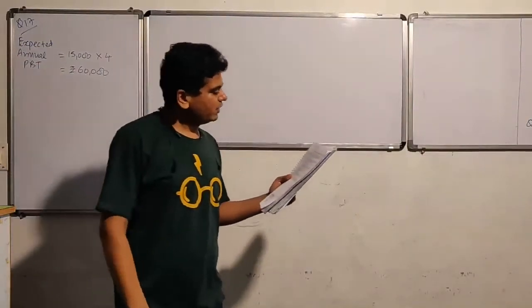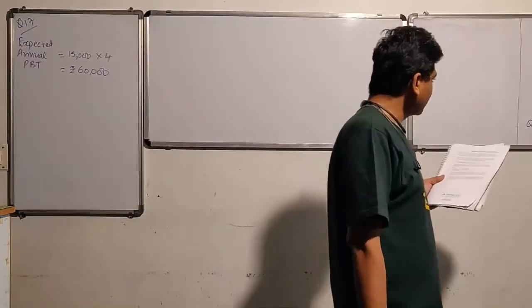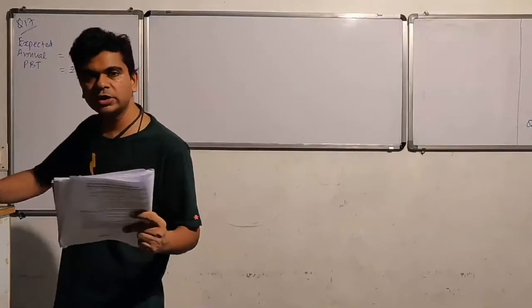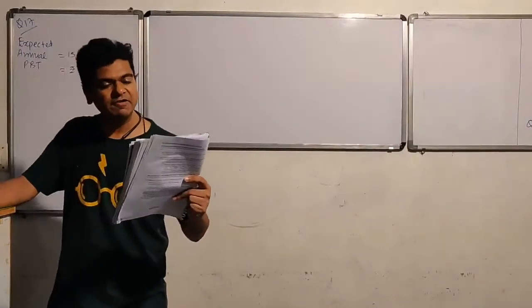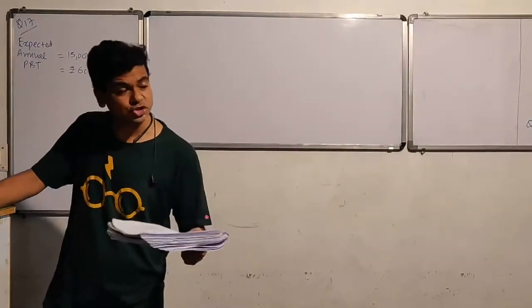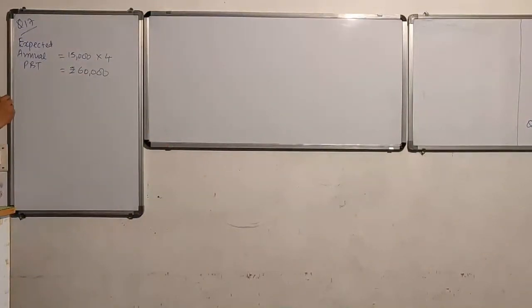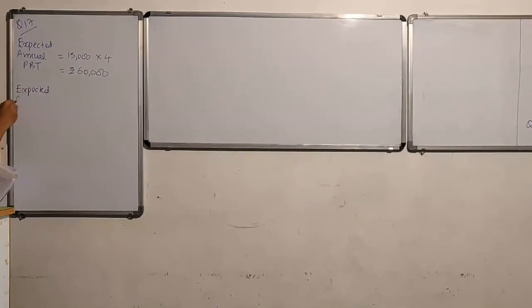Yes, they have not given us anything about the taxable income, so we will assume that the taxable income also turns out to be 60,000 because they are clarifying actual earnings match expectations. So your taxable income will also turn out to be 60,000 rupees. So I say expected current tax.